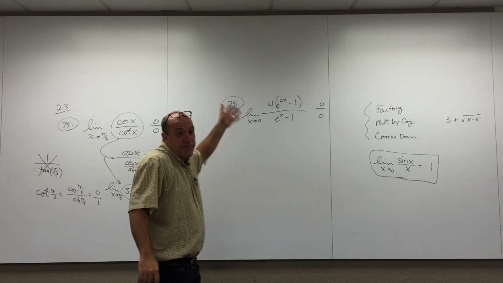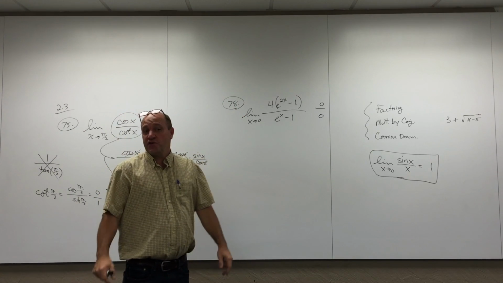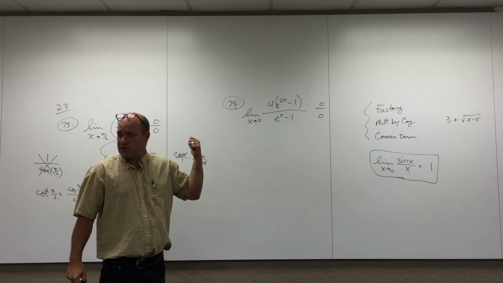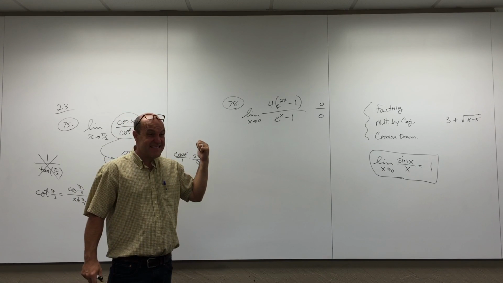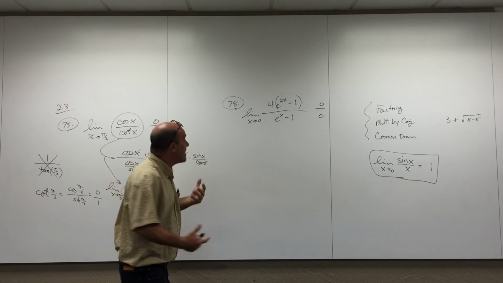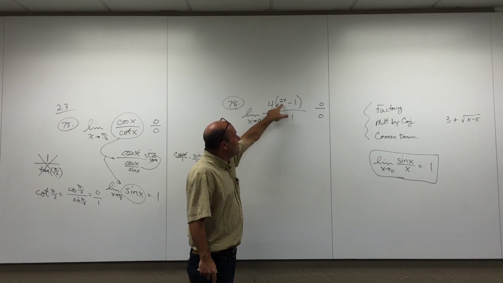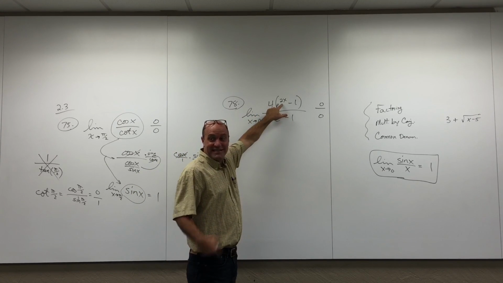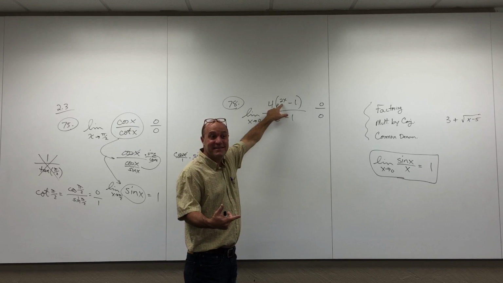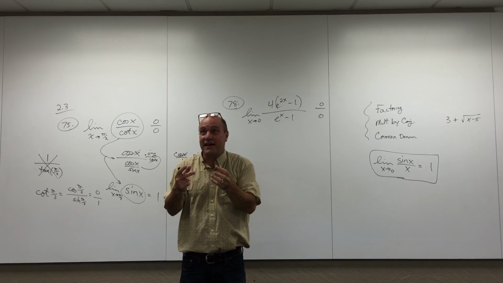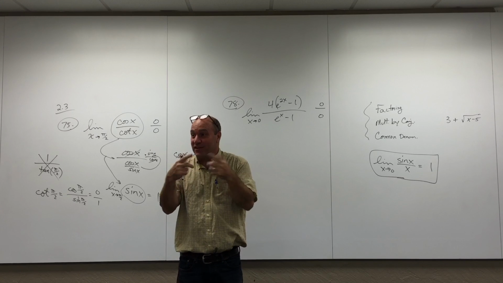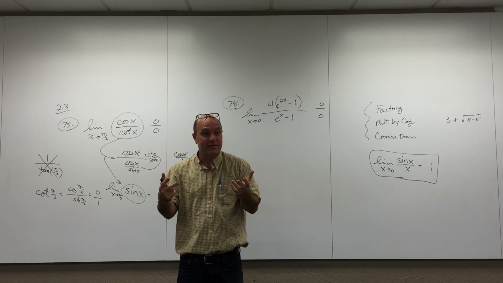It involves e functions, so it might be a little strange to you, but I see it pretty easy. Do you know what to do? Factor. Good. That e to the 2x should be thought of as e to the x times e to the x. What do you do with e to the x times e to the x? You add exponents, and you get e to the 2x.